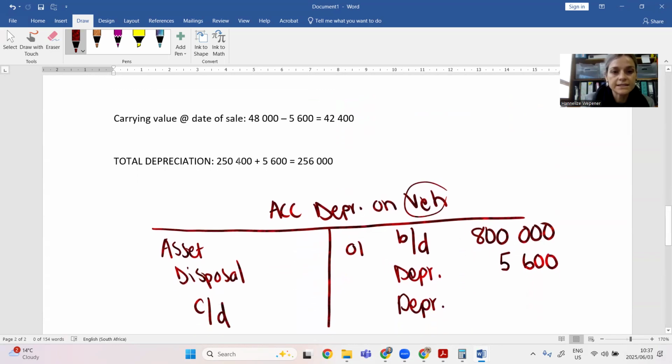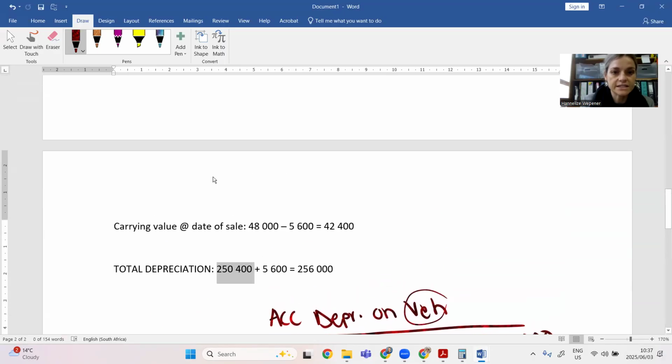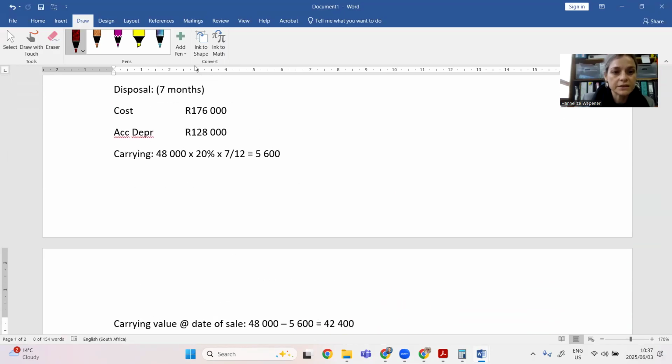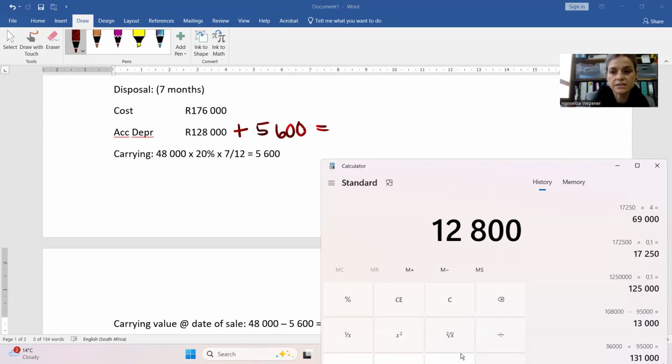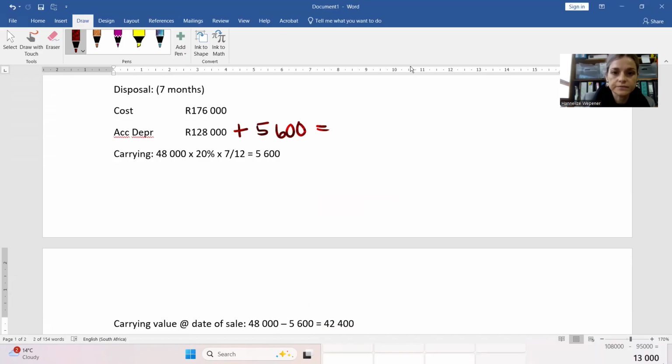Then we also had some vehicles for the full financial year up until year end, and we calculated depreciation on those. Then we have to remove the accumulated depreciation on the asset disposed of, keeping in mind that we started on 128,400 and then we calculated for the current year 5,600. So in other words, we have accumulated depreciation on that disposal of 133,600.